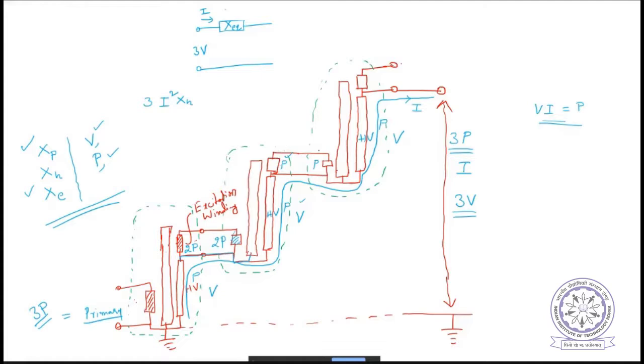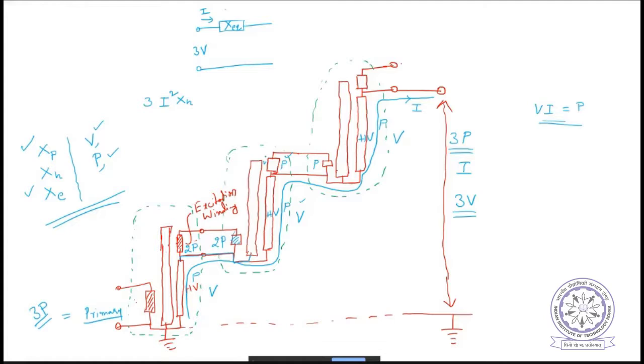If the different current flows, then obviously it will be I square into XP or XE, whatever it is. But let us fix this to base voltage in order to calculate. Whatever the voltage is, the loss will come in terms of I value.